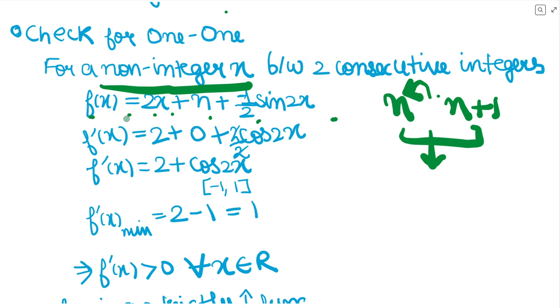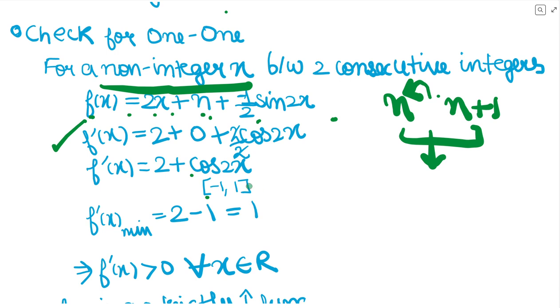So then we'll have this 2x plus n plus half of sin 2x, and we'll try to find the derivative of this. Since n is constant, its derivative becomes 0, and finally we get f'(x) = 2 + cos 2x. And we know that cos 2x is bound from minus 1 to 1.